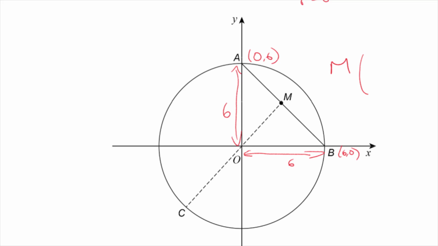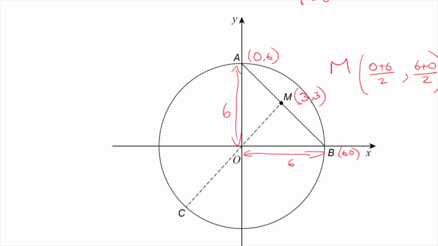So the x coordinates of A and B are 0 and 6. So adding those together and dividing by 2. And doing that with the y coordinates as well. The y coordinates are 6 and 0. Adding those together and dividing by 2. Tells me that the midpoint then is going to be the coordinate 3, 3.